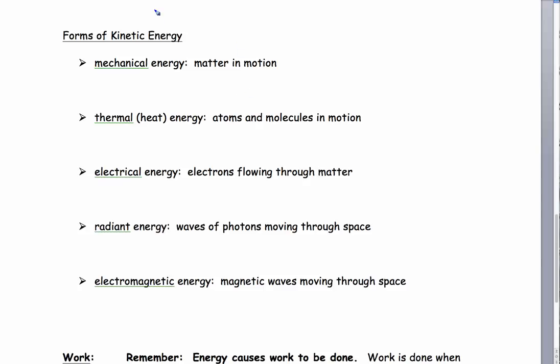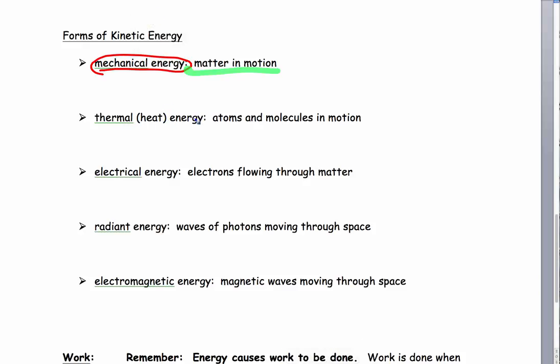So we have mechanical energy, and mechanical energy is pretty basically matter in motion. So if you have air, if you have a car moving, if you have an object or matter in motion, it is considered to be mechanical energy. Mechanical energy is when energy makes matter move.